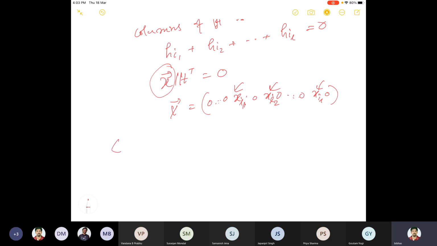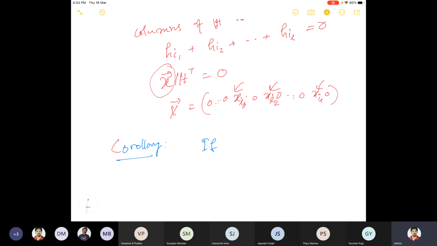So let me just write this in terms of a corollary, whatever we can say from this theorem. First of all, we are assuming that C is a linear block code and H is its parity matrix.